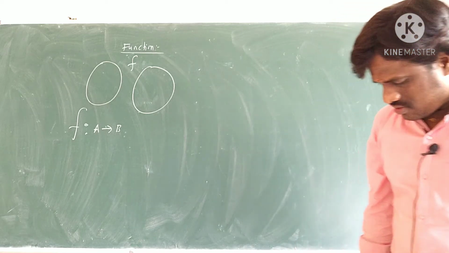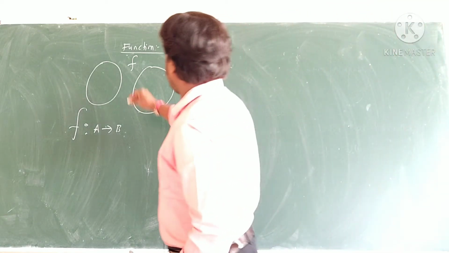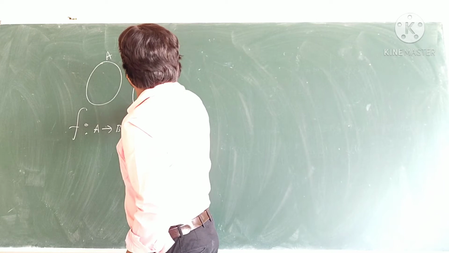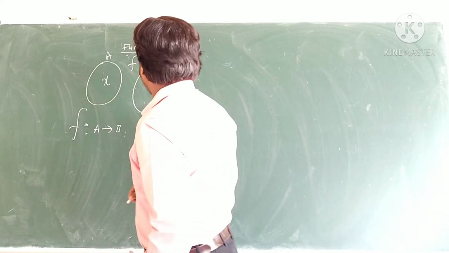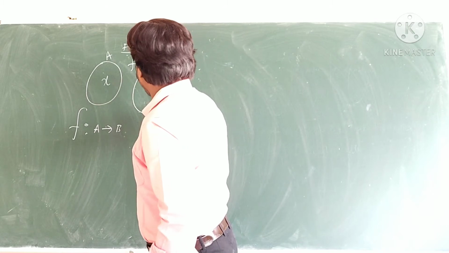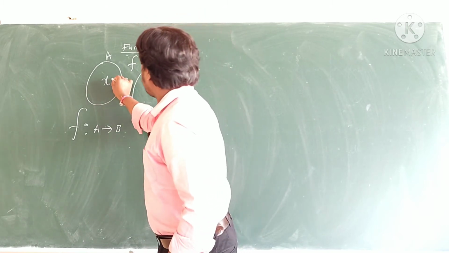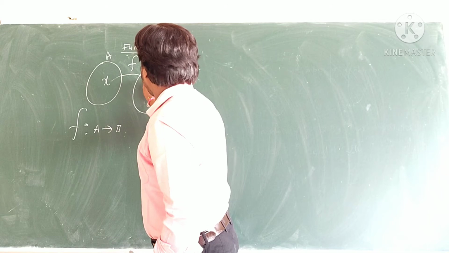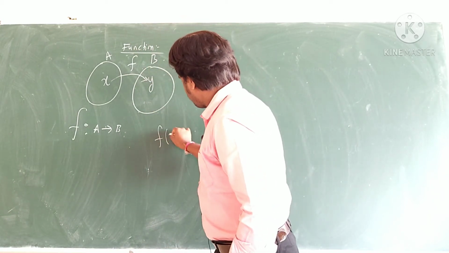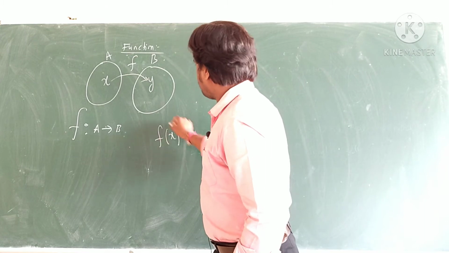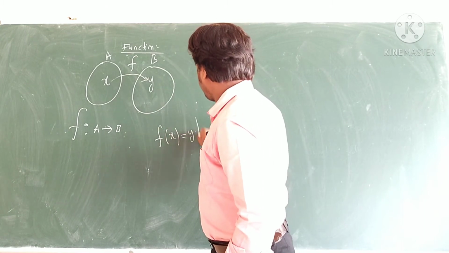f is a function from A to B, or X to Y. You can take anything. If I take an element x here and an element y here, and x is associated with y, then I can write f of x is equal to y.